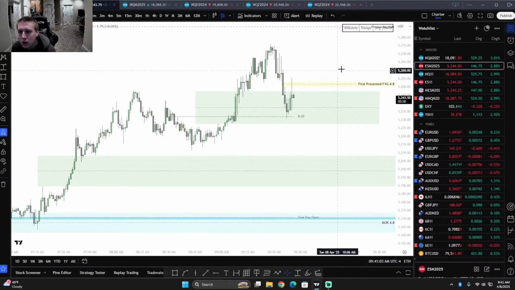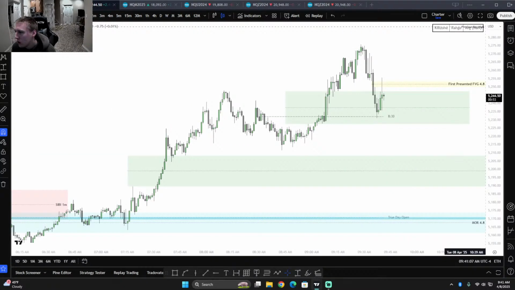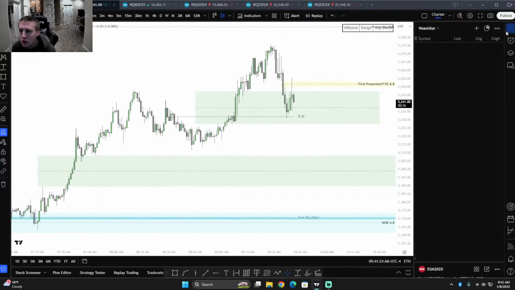Same with ES. So I wouldn't be surprised if we want to discover this 15-minute. That looks more probable because we have 1 minute inefficiencies within that.